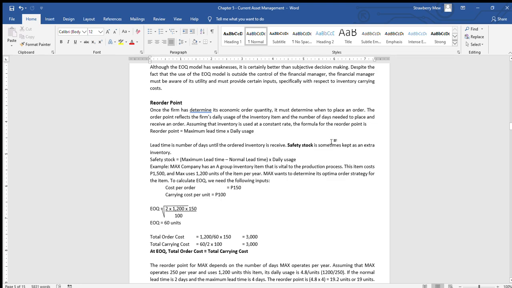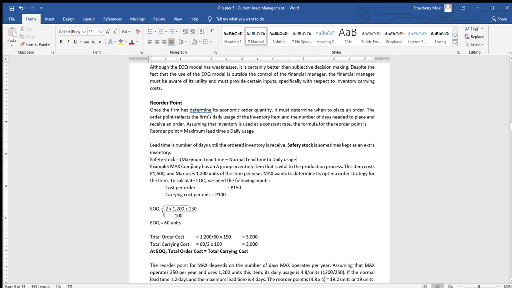Safety stock is sometimes kept as an extra inventory. Safety stock is the maximum lead time less the normal lead time, multiplied by the daily usage.